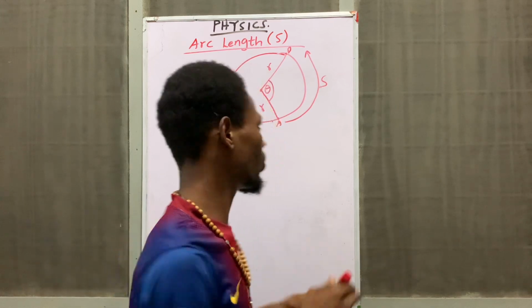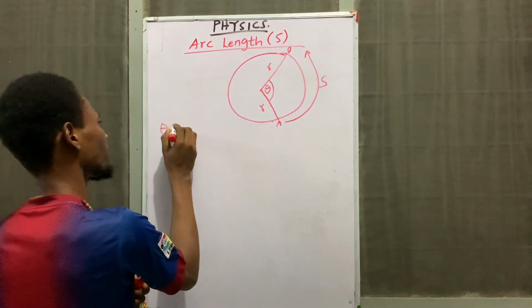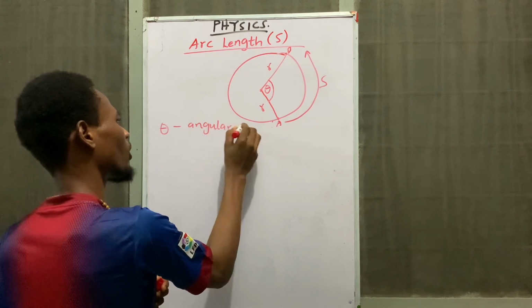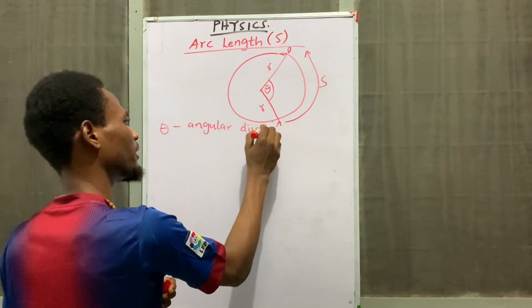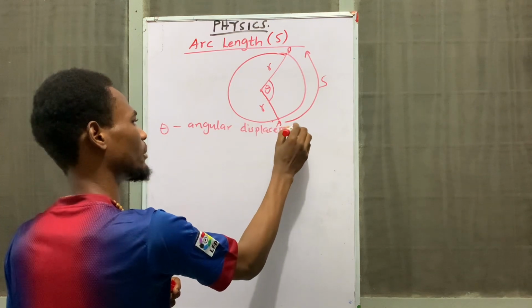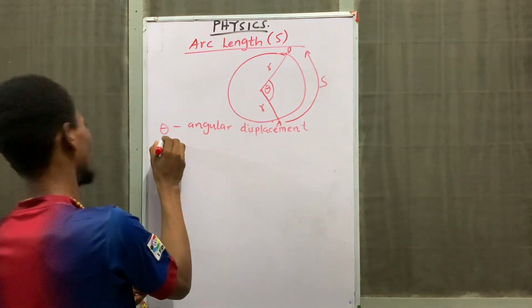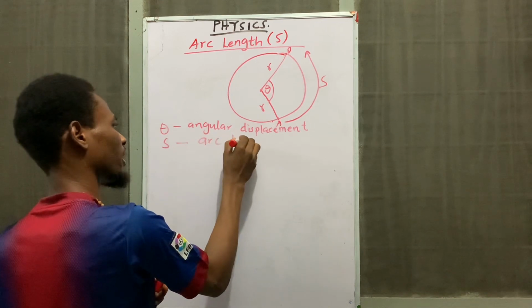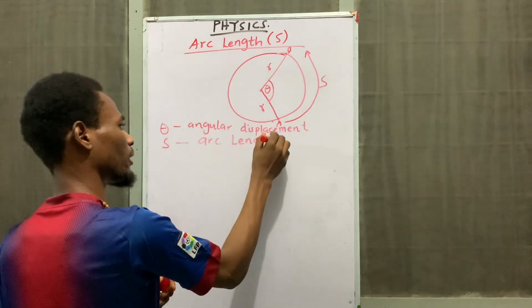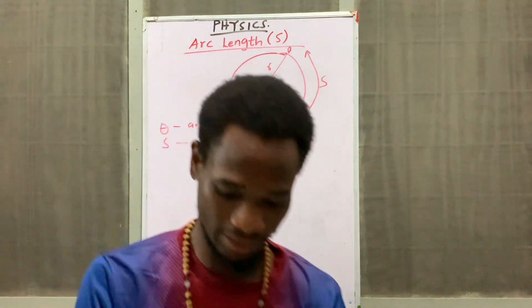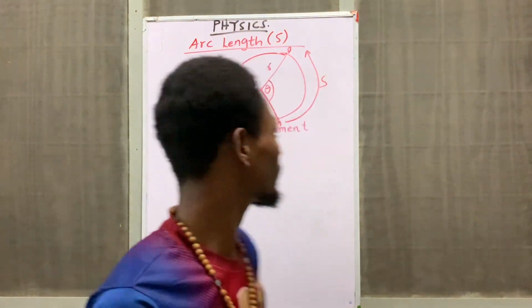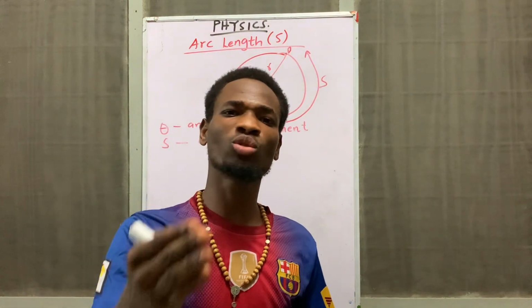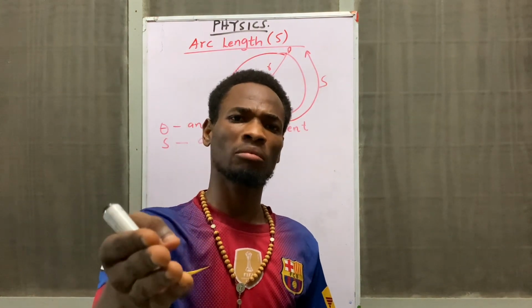Please, are you okay? So here, my theta is my angular displacement, and my S is my arc length. So how can you define an arc length? I don't expect you to chew this. Are you okay?